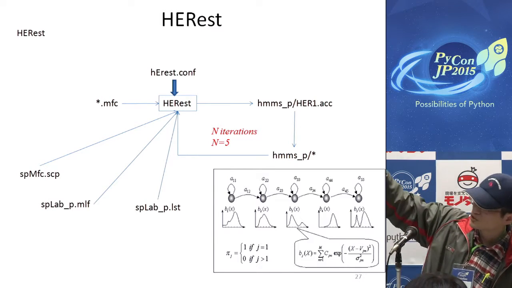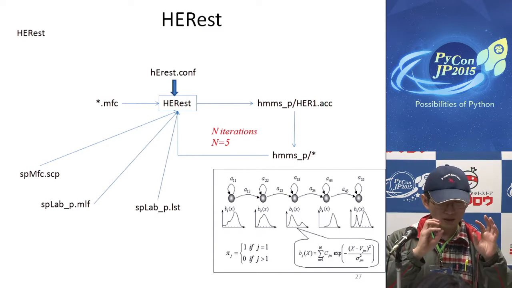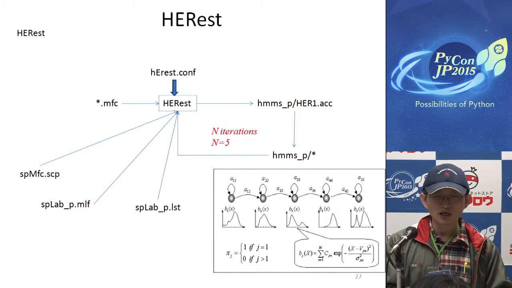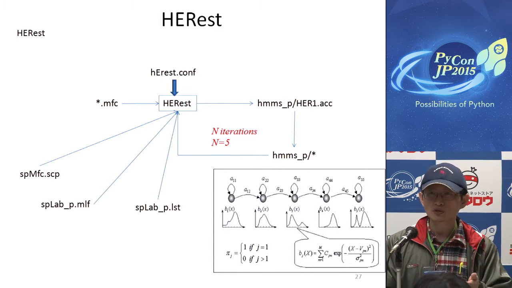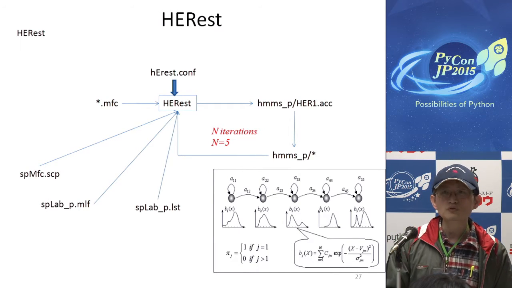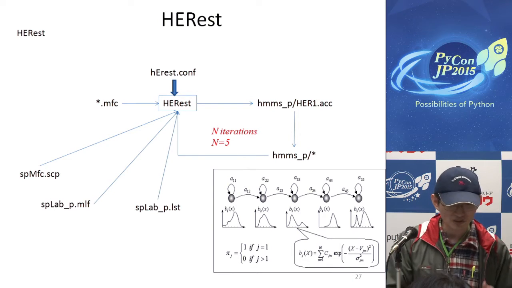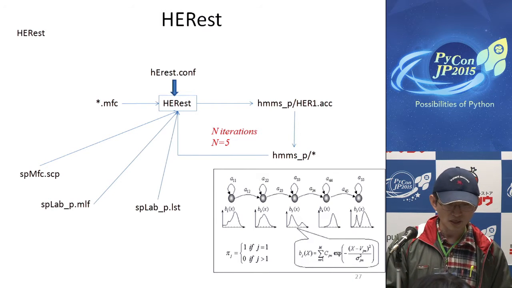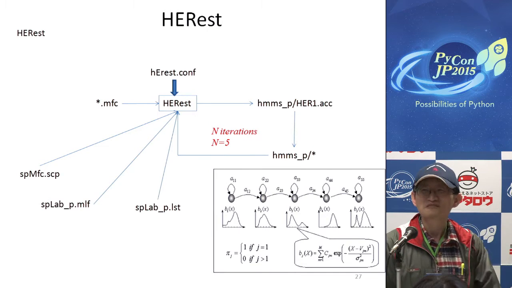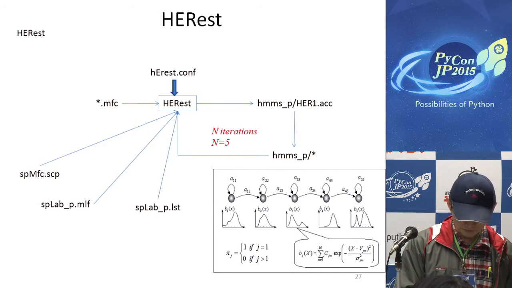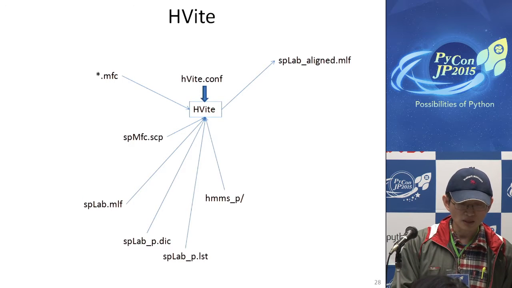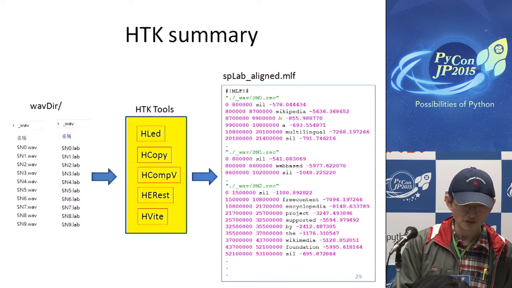For each step, I show how to use HTK to do speech recognition, and all these steps are a bootstrap, so you can start from this instead of reading the very hard-to-read manual. Finally, we use the so-called Viterbi search.